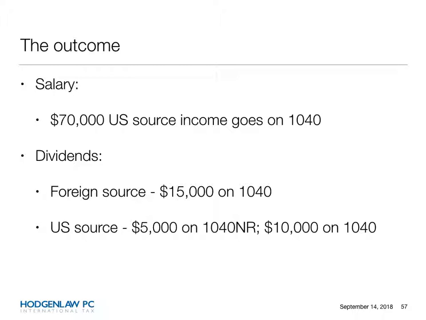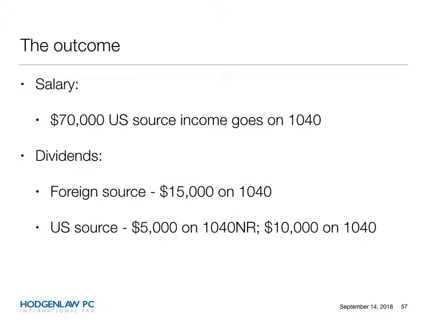Then the next page, the dual status statement, the spreadsheet that we usually include, showing the breakdown of each line item, with line 7 showing that he earned salaries from a global consulting firm after he became a U.S. resident from May 1st to December 31st, 2017.